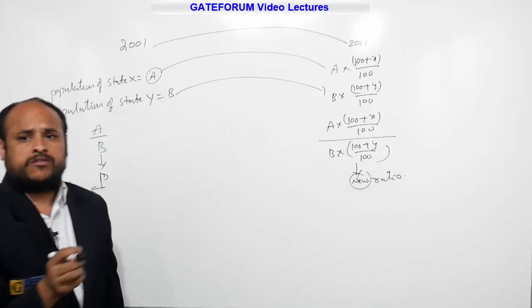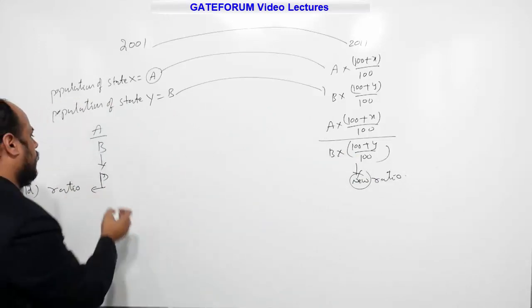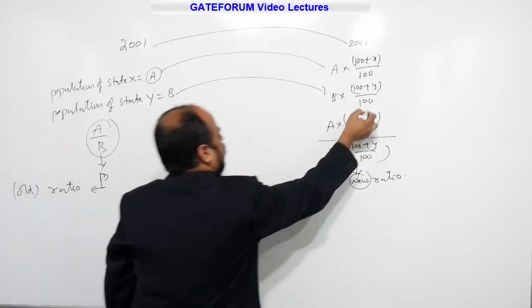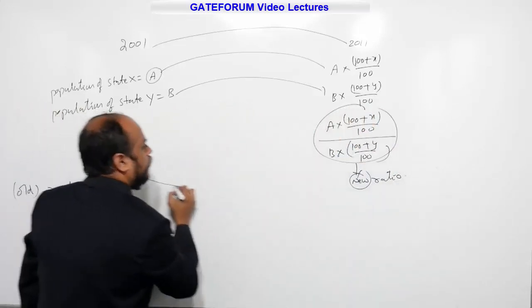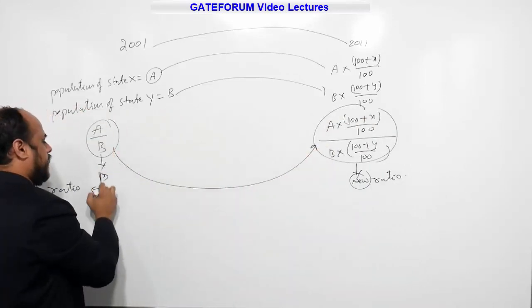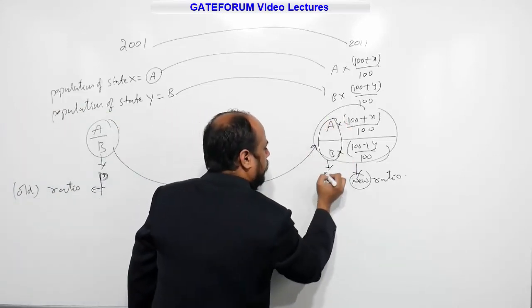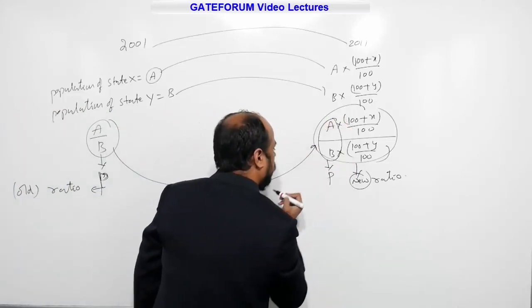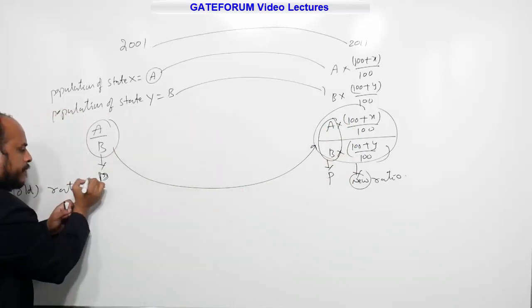Now the question is asking for the percentage increase in P. P is nothing but the ratio. This is the old ratio and this is the new ratio, and we are asked how much percentage increase there is in these values. Observe here, A by B we are assuming as P, so here also I will take P. The coefficient of P in the old value is 1.